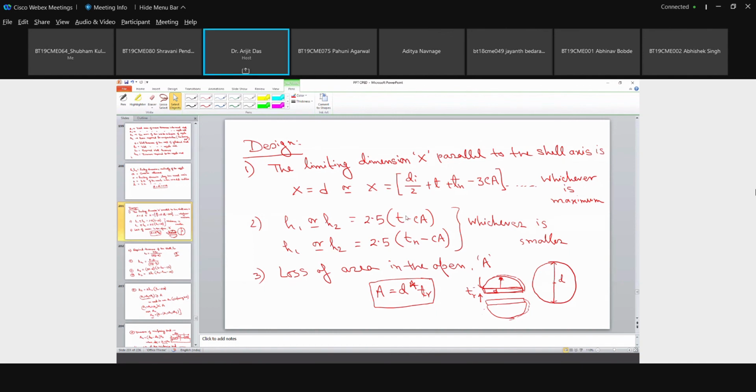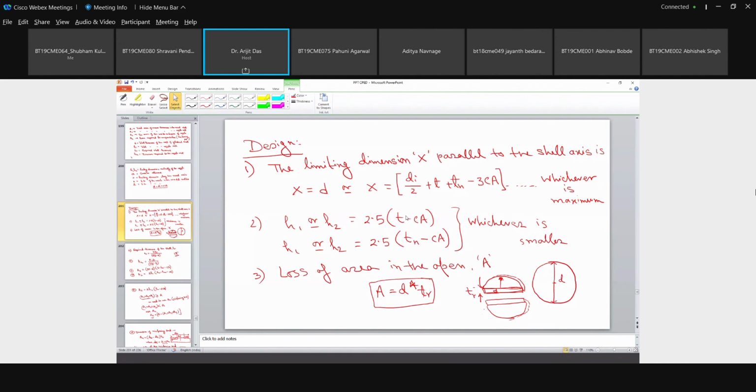We will start with the permissible limit with the limiting dimensions X and H1. Now you see here, this is the X, that means the dimension parallel to the shell axis, and its value is either D or the expression DI by 2 plus T plus Tn minus 3CA.